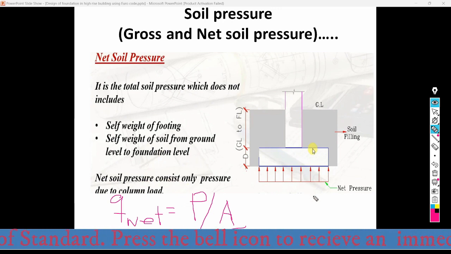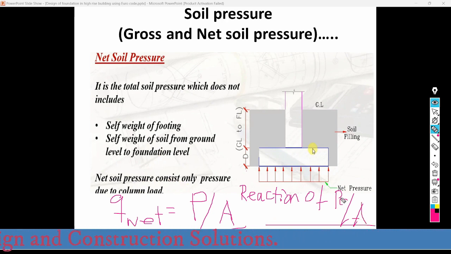This net pressure is the reaction of PC over A. So this soil pressure equals PC over A. We will exclude the self weight of the footing and the self weight of the backfill material. These types of pressure are called net soil pressure.